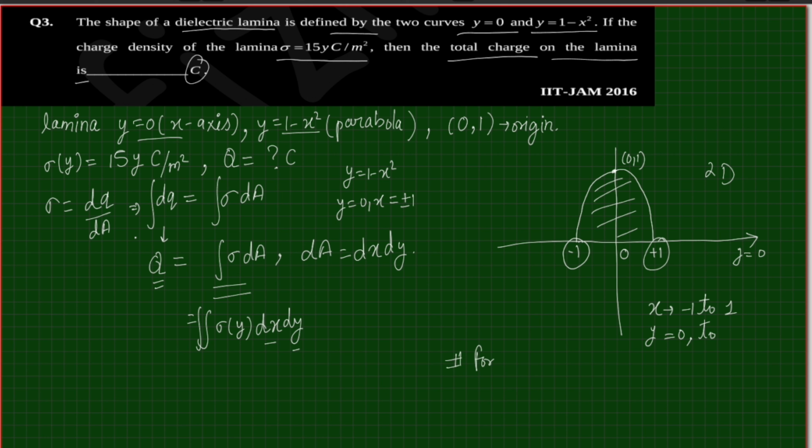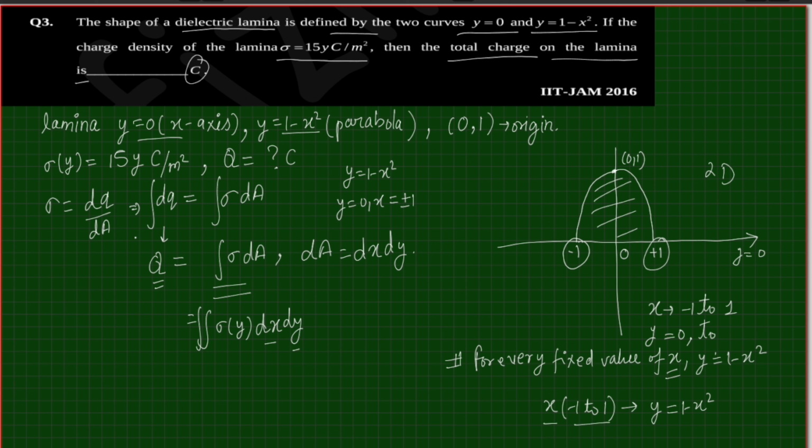For every fixed value of x, y is given by 1 minus x square. So x is from minus 1 to 1, and corresponding to this, y is given by the function 1 minus x square. We have to write the limits in such a way.